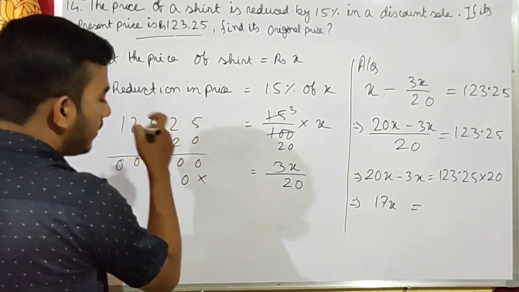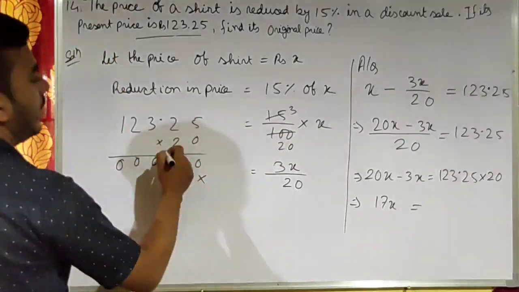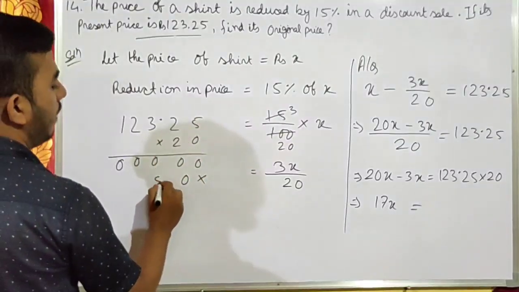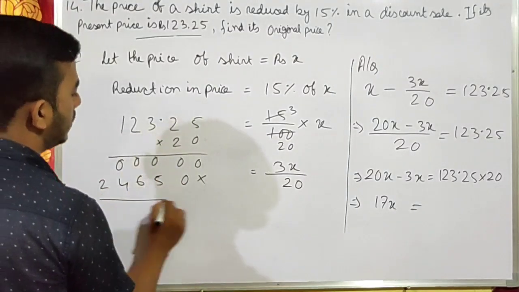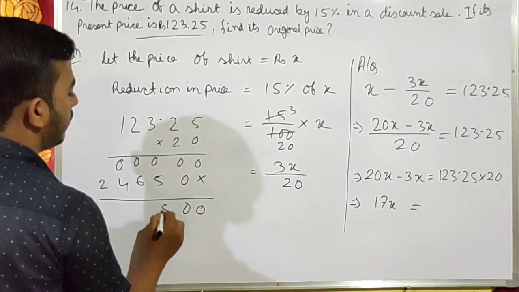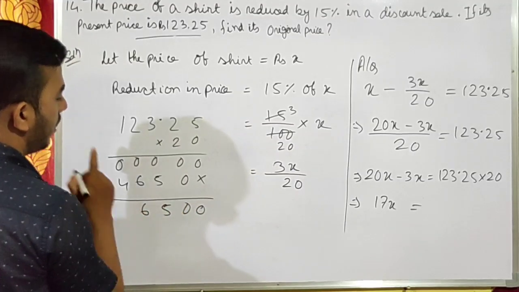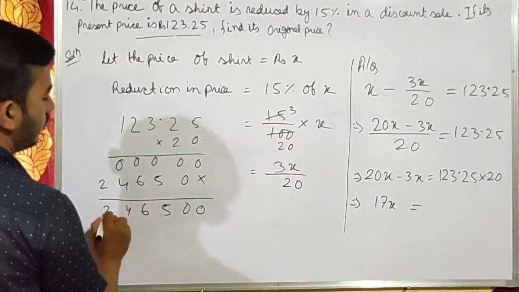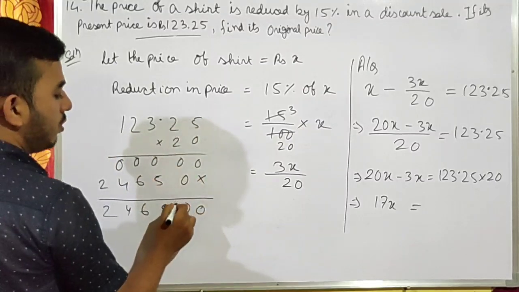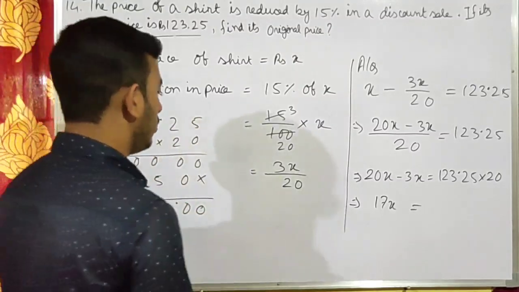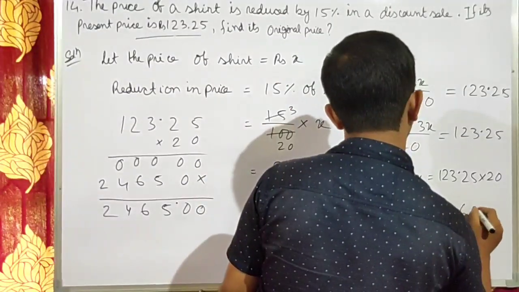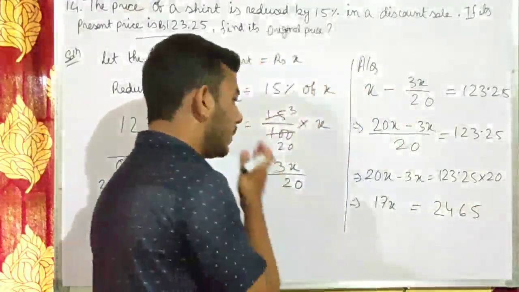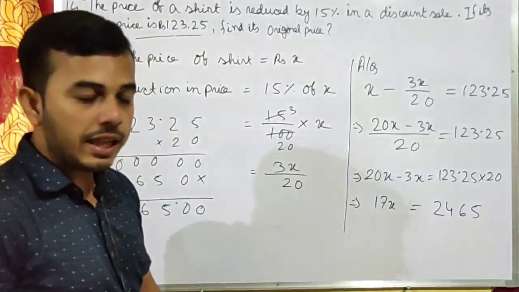Then 2 into 2 is 4, 3 into 2 is 6, 2 into 2 is 4, 1 into 2 is 2. After the decimal there are 2 digits, so we put the decimal before 2 digits, so it will be 2465. Up to this clear?